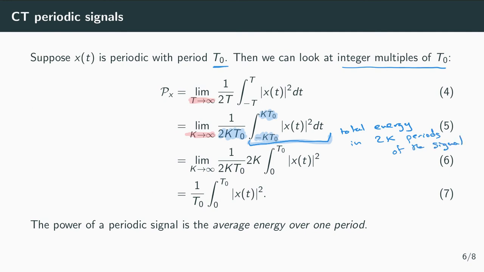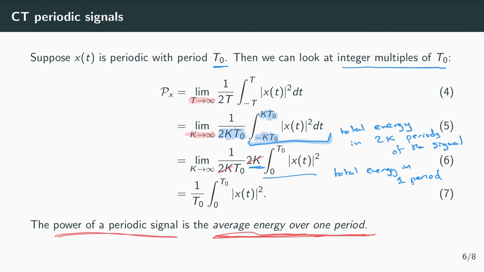Right? And so this is the total energy in one period. So that's why you get this 2k factor here. And then, of course, this 2k is going to cancel that 2k, and we're just left with this T naught and the integral over one period. So this is the average energy over one period. That's what the power is. The power of a periodic signal is the average energy over one period.